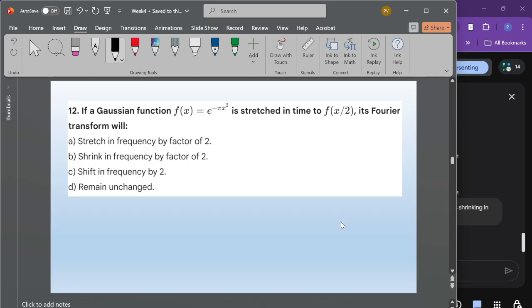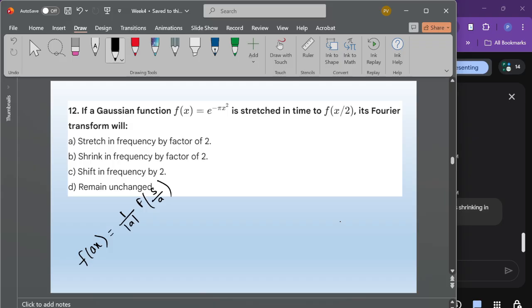As we know, the scaling property of the Fourier transform says that if any signal is given as f of ax in the time domain, the frequency domain signal of the corresponding signal is F of s by a.